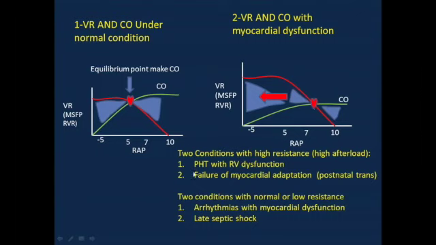This might happen in two main conditions with high resistance, and another two conditions with normal or low resistance. Two conditions with high resistance means high afterload. So the heart is contracting against high afterload or high resistance.